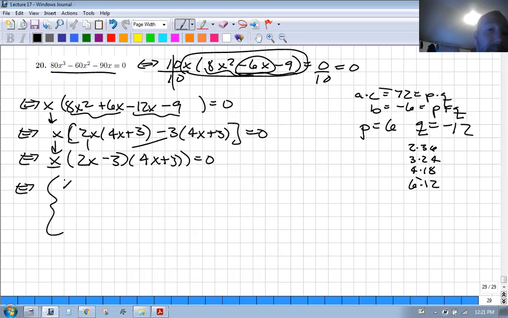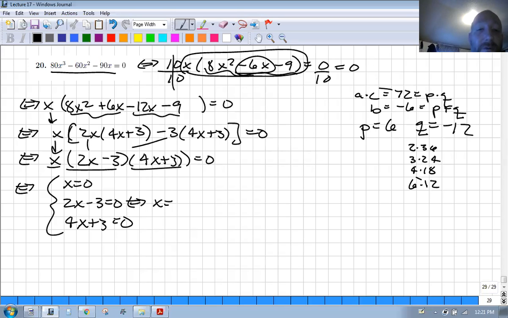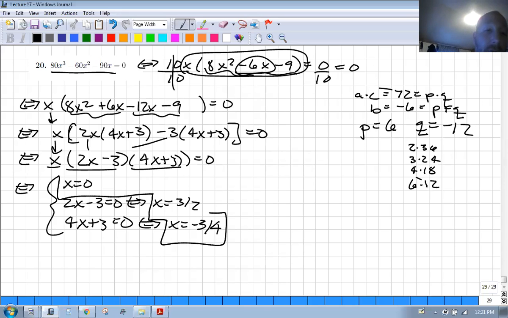So either x is 0, 2x minus 3 is 0, or 4x plus 3 is 0. This tells us x is 3/2. This says x is negative 3/4. There's our three solutions for number 20.